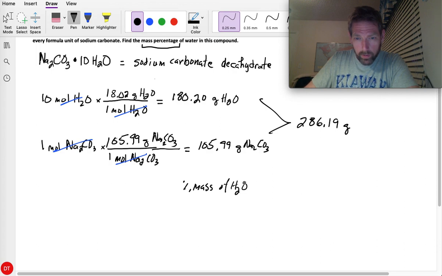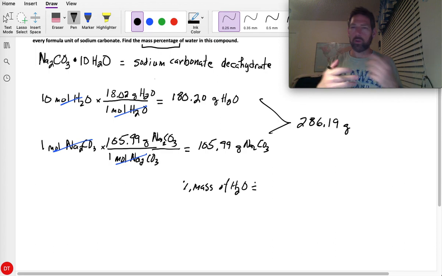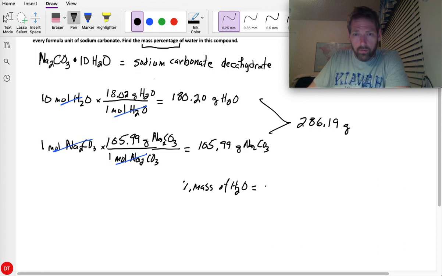And it's always good, I know it seems like extra work, but your math teachers have taught you this for a reason. When you're doing stuff, define what you're talking about. Write it down, equals, and whatever it is. You're basically creating equations and formulas with everything that you do. It's just that when you're dealing with math, it always boils back down to algebra. So, mass percentage of water.